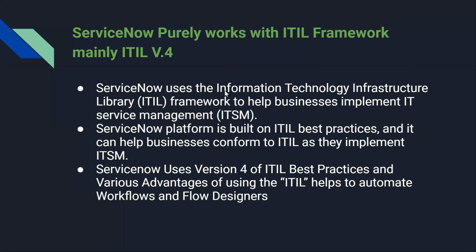ServiceNow uses the Information Technology Infrastructure Library to help businesses match their service management requests. On the platform, we'll be using all the best practices that are allowed in ITIL. That is one big advantage, where most of the things are automated for us and provided as out of the box functionality. What is out of the box?